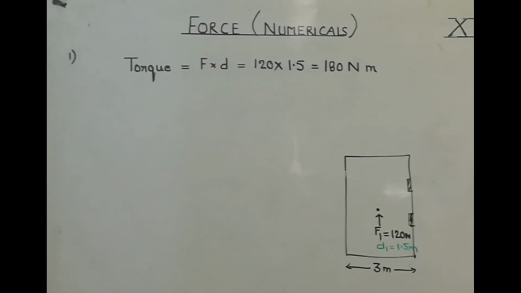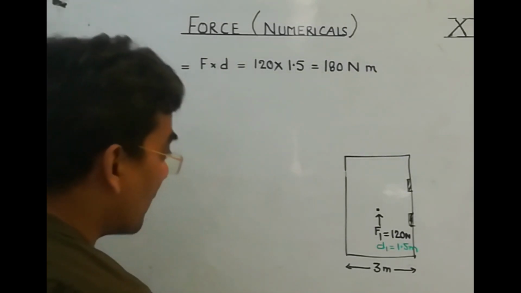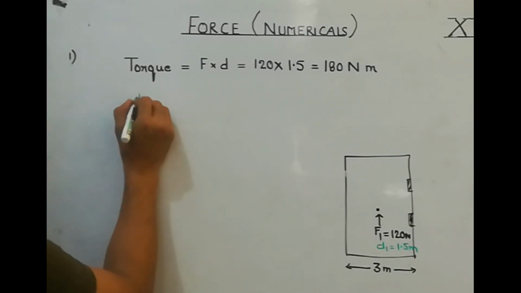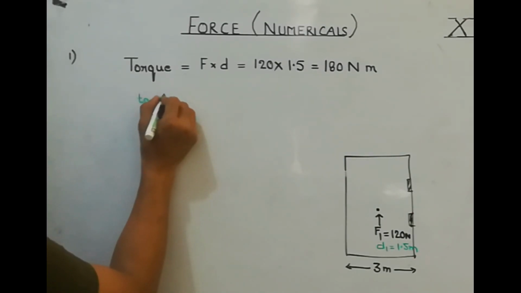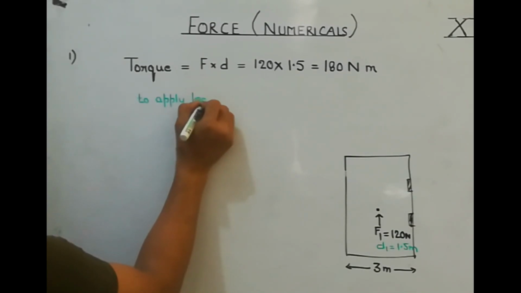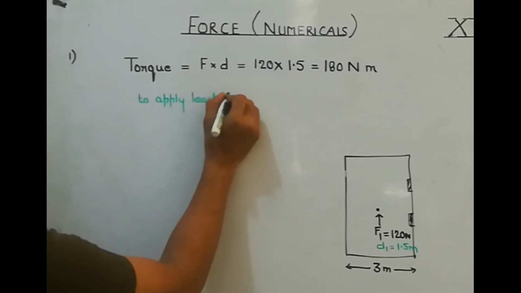Okay, now going to case 2, the same door is to be opened again, but this time he has to open the door applying the least force. Now come to this point, this is a very important one. He has to apply the least force.